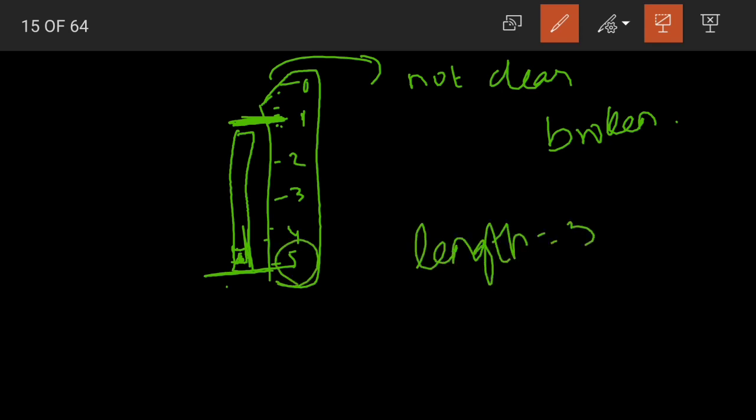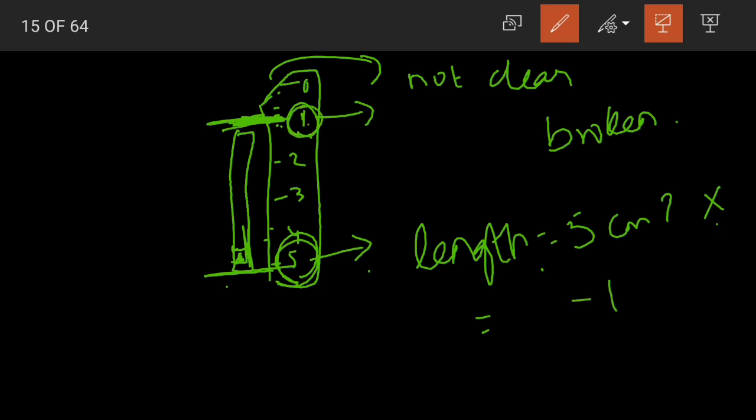Will it be 5 centimeters? No. How do we find out the length? We have to subtract the markings at both the ends. At this end point, the marking says 1. We have to subtract it from the marking at the other end point, that is 5. 5 minus 1 is equal to.